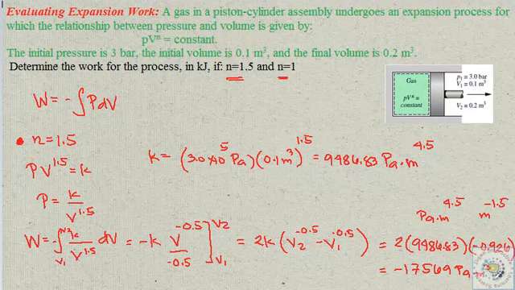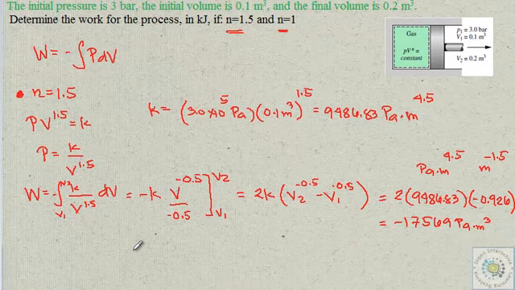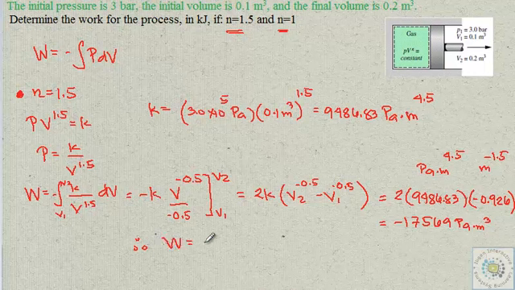Since we are being asked for the answer in terms of kilojoule, therefore work is equal to negative 17.6 kilojoule. Because of kilo, I'm dividing by 1000. This is actually a unit of joule.